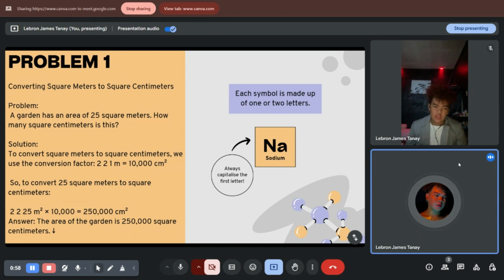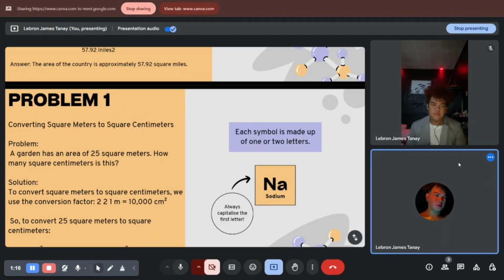So 25 meters squared times 10,000 is equal to 250,000 centimeters squared. So the answer is the area of the garden is 250,000 square centimeters.